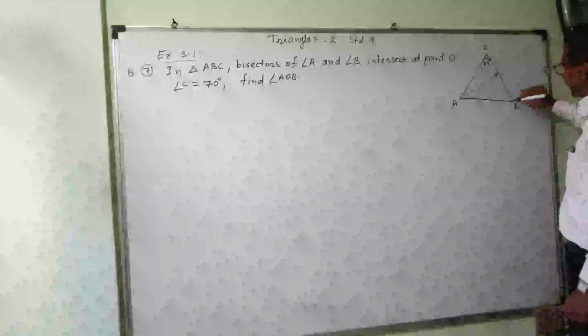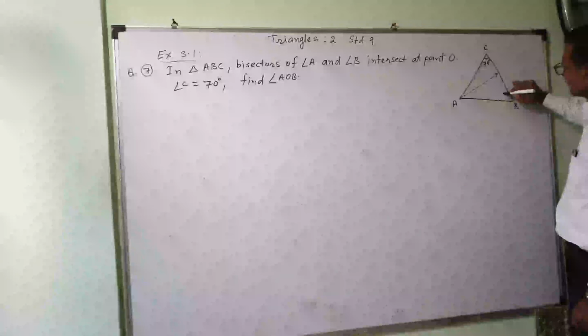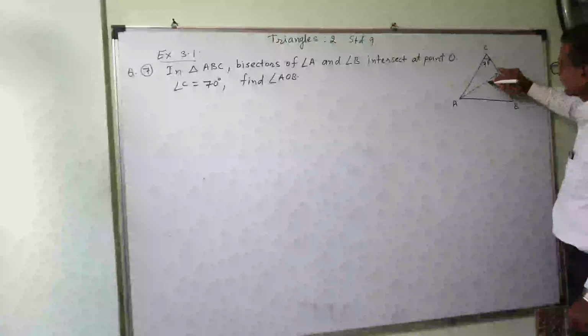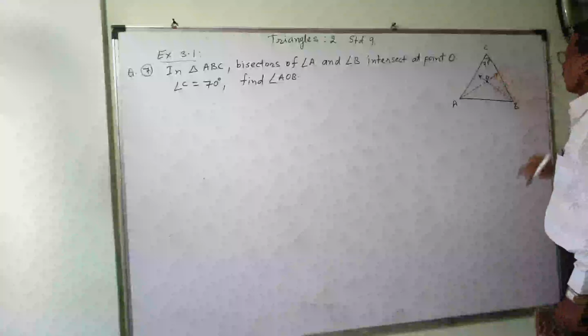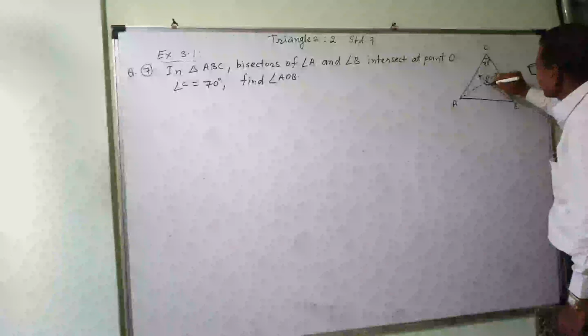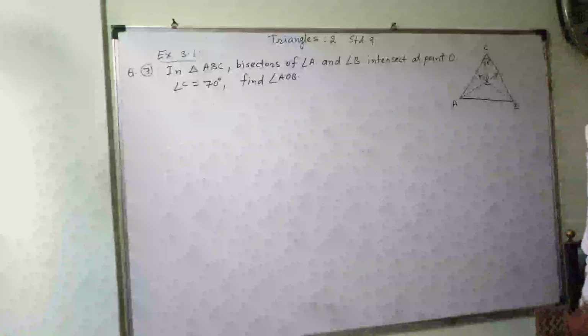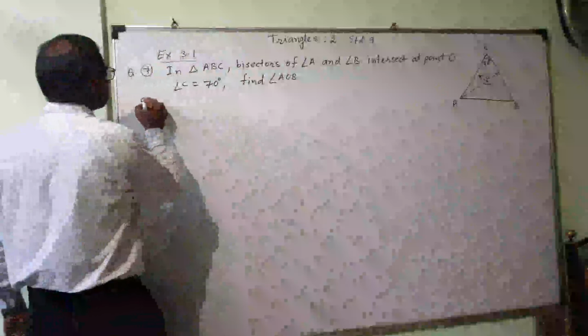The bisector of this will go like this. And they intersect at the point O. I want to find this angle. This angle is how much? So first of all, the solution.